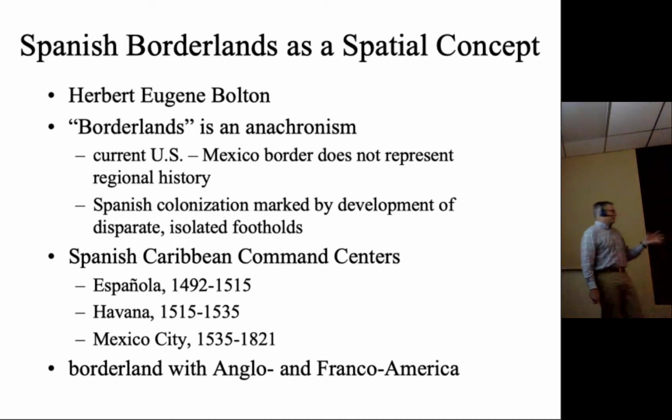All right, and by 1519, Cortez has essentially conquered the Aztec Empire, and the Spanish begin to establish themselves in Mexico City. Mexico City becomes the capital of New Spain, and the capital of the viceroyalty of this colonial world for the Spanish, and would stay that way until Spain was evicted from Mexico in 1821.